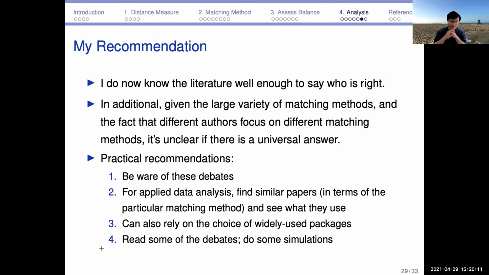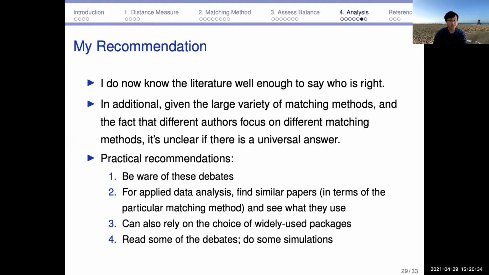First, I would want you to be aware of these debates. Second, if you're doing an applied data analysis using this type of method, it's maybe a good idea to find some similar papers in terms of the particular matching method they use and see what analysis methods these people use.